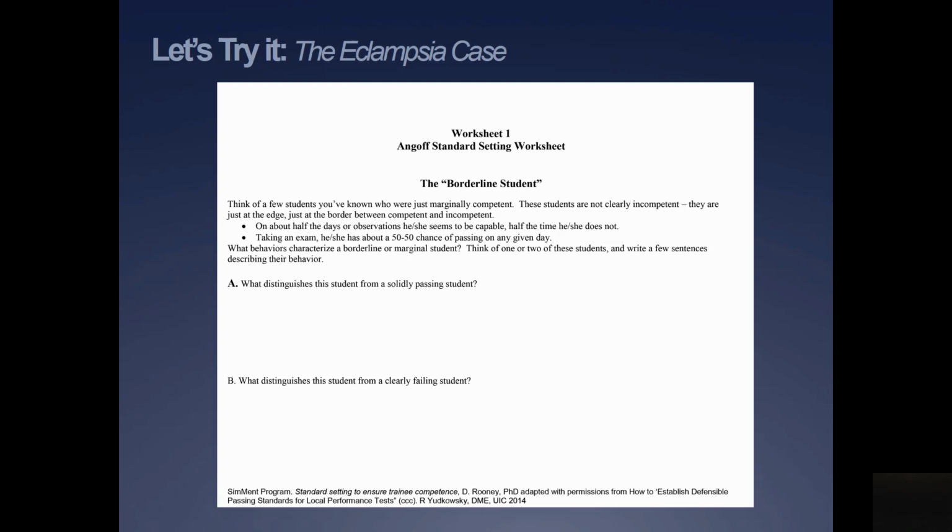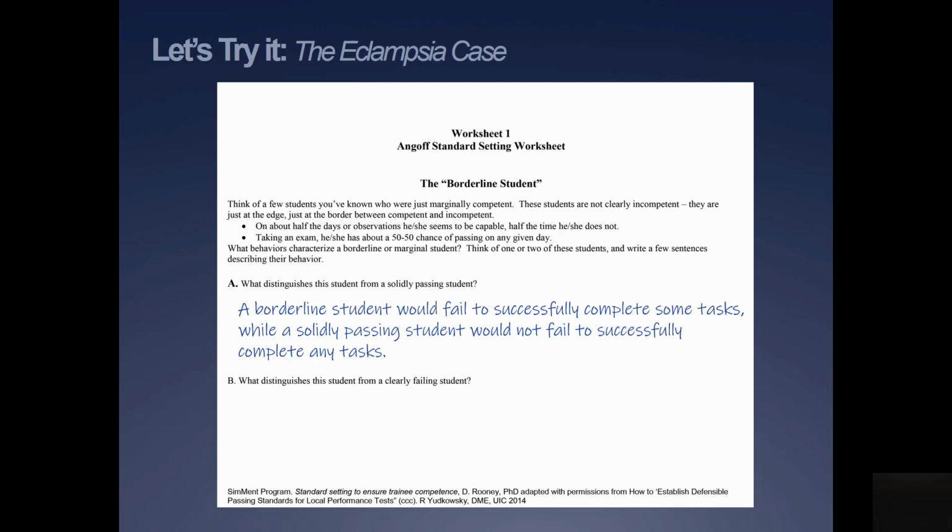I would ask my colleagues individually what distinguishes this student from a solidly passing student. Let's say a colleague says a borderline student would fail to successfully complete some tasks, while a solidly passing student would not fail to successfully complete any tasks. So some tasks would not be successfully completed.